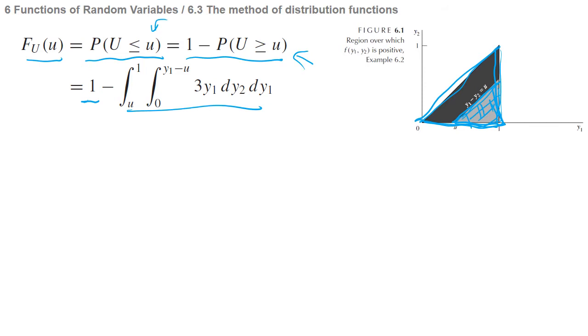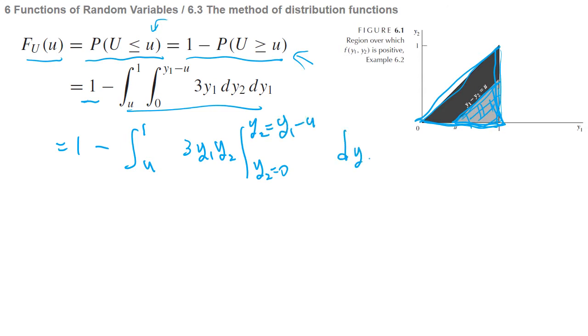Okay, so let's calculate this one. This is 1 minus the integration from u to 1 of 3y1 y2, where y2 is from 0 to y1 minus u, dy1.